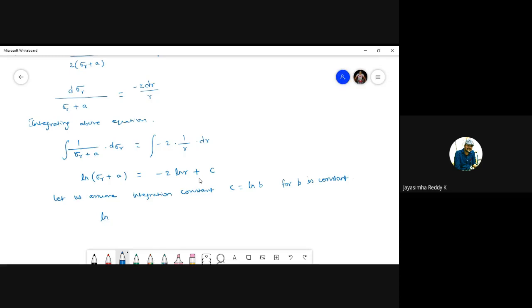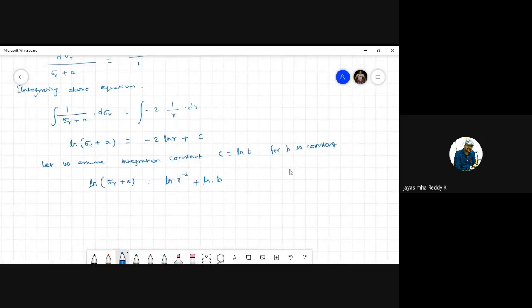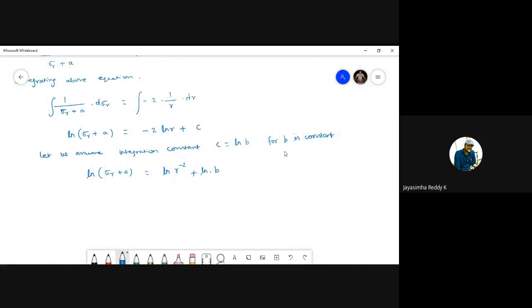So this becomes ln sigma r plus a is equal to ln of minus 2 log r, which will become ln r to the power of minus 2 plus ln b, plus log b. So log a plus log b will become log ab.